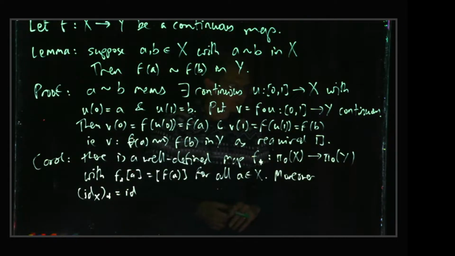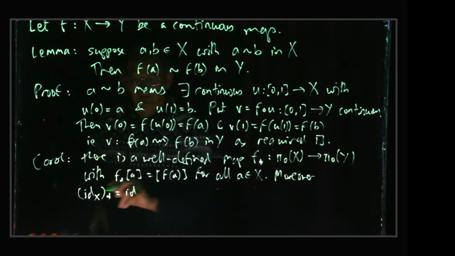And a couple of properties of this. Firstly, a very trivial property: if we take the identity on X and do this star operation to it, that's just the identity again.